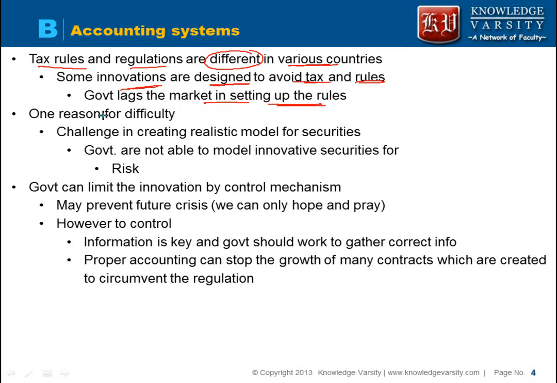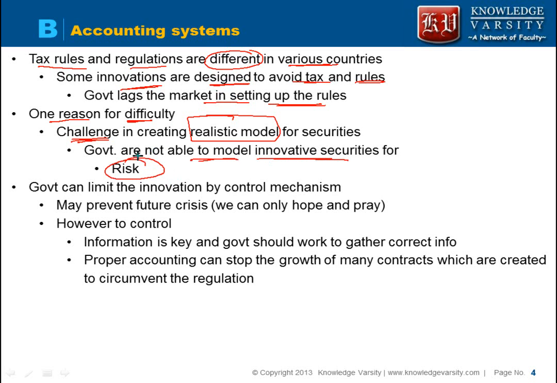One reason for the difficulty, the challenge for the government, is how to create a realistic model for securities. They are not able to create a realistic model for securities. As a result, they are not able to model the innovative securities for the risk that is there. So this is the problem with the government.